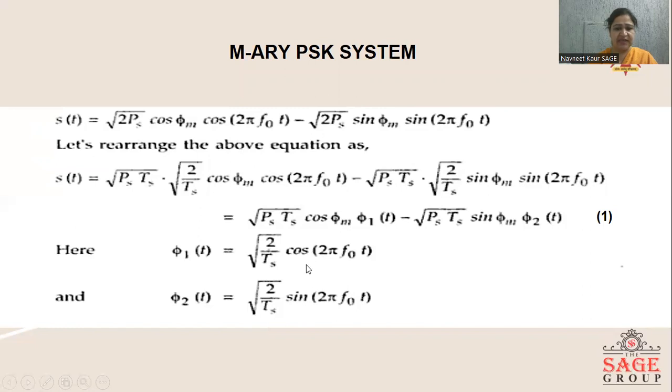So we can say that these two represent orthonormal carrier signals. Now, we have represented phi 1(t) in place of this expression. So here in first term, we will get phi 1(t). And in second term also, we have replaced root 2 upon TS sine term by phi 2(t). So this will be the resultant equation.